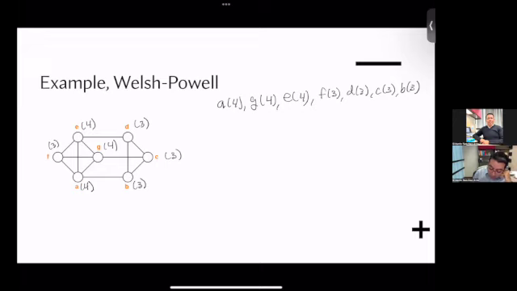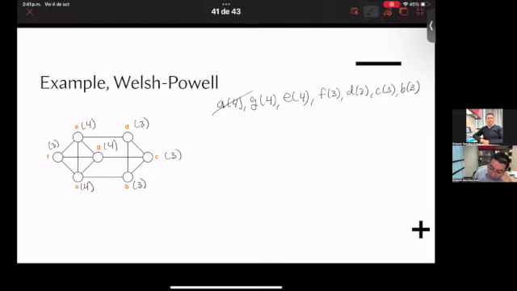So I will start with A, and I will use a color for that.